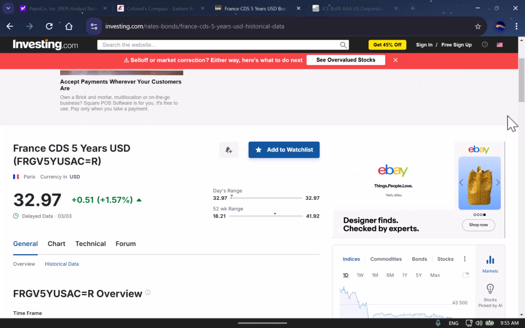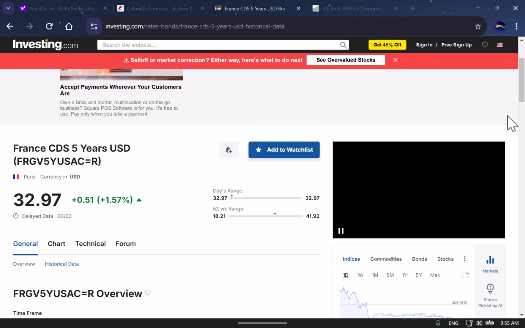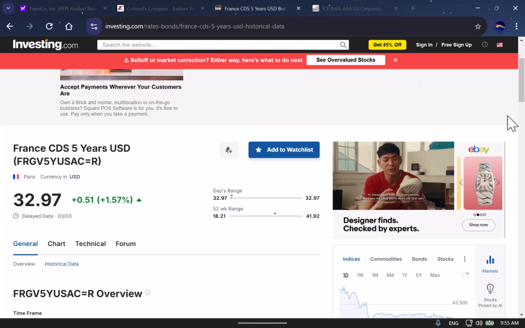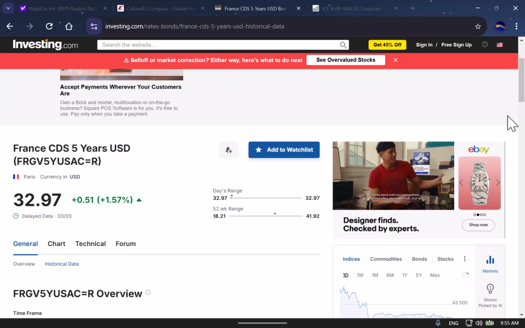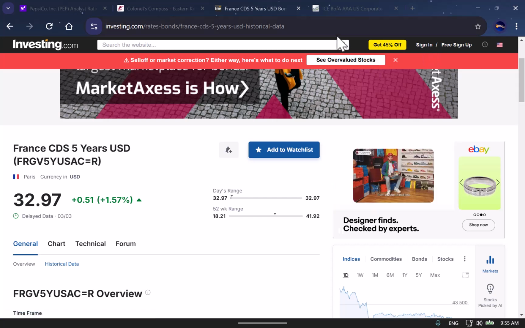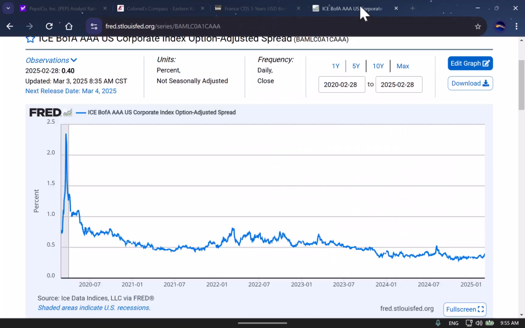There are also credit default swap markets for corporate bonds, but they're not as deep as the sovereign ones. The AAA companies are paying right now 40 basis points. Essentially, that's the default premium, right? Because presumably US treasuries are not defaultable because they could always mint coins and pay.